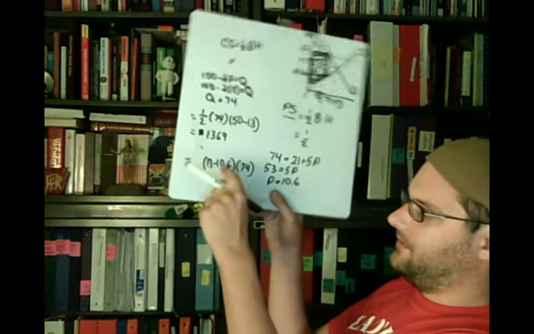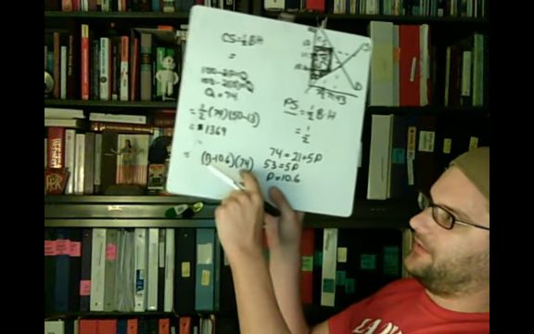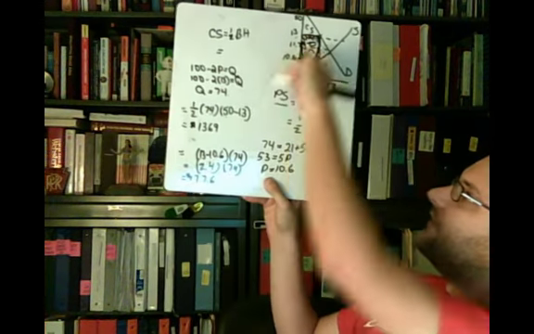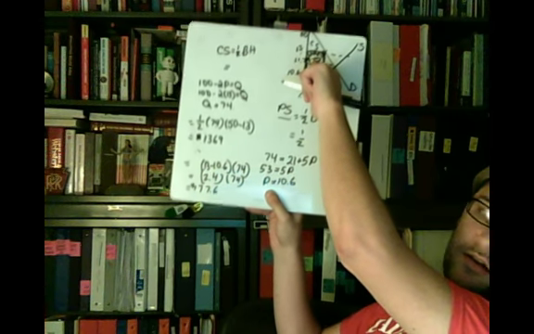Right, it's just going to be my base times my height, or my length times my width, which turns out to be 177.6 dollars. So this is the area of this rectangle right here.